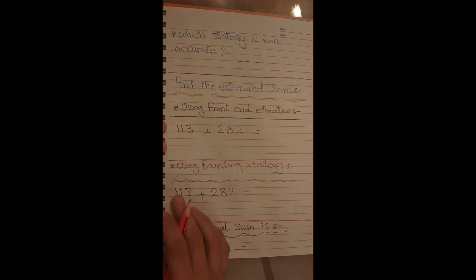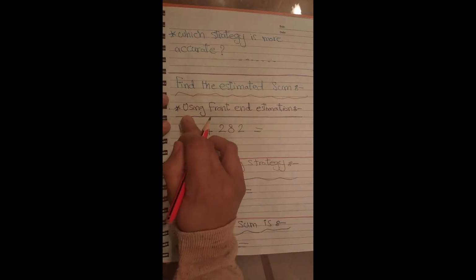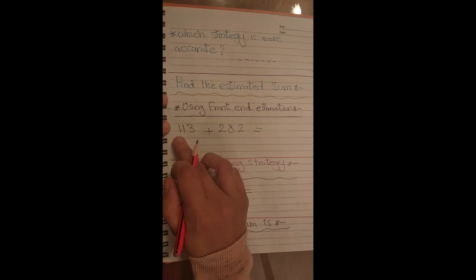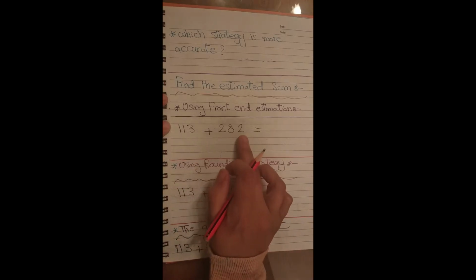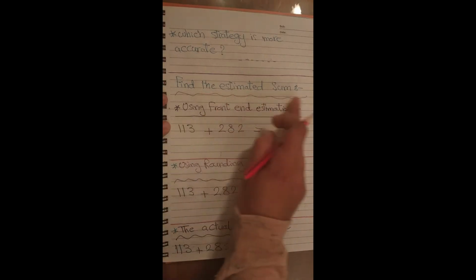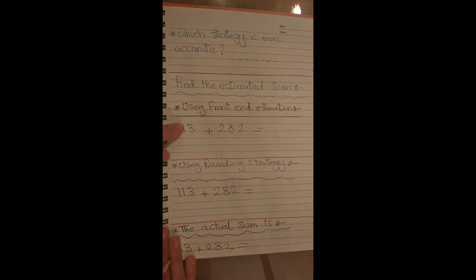So here we can use our estimation to get the estimated sum. The first example, 113 plus 282. I want to get the estimated sum using the front-end estimation. So here I will estimate the two addends and add them together to get the estimated sum.